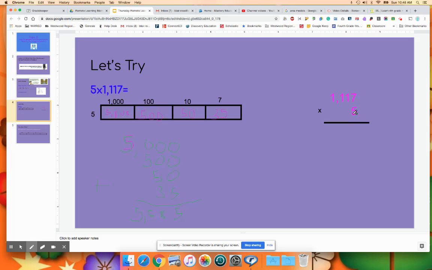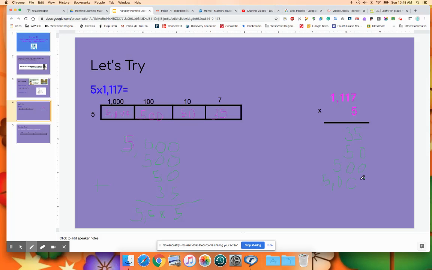Let's see what it would look like using our partial products. So I'm going to multiply by place value. 5 times 7 is 35. I'm trying my hardest. 5 times 10 is 50. Notice again, these are the same partial products that we saw before. 5 times 100 is 500. And then 5 times 1,000 is 5,000.